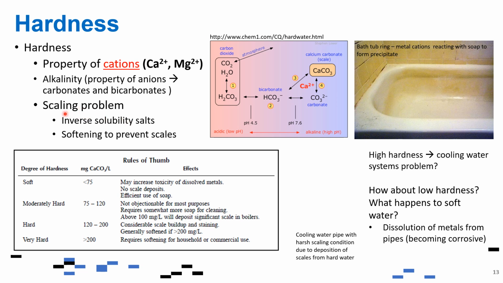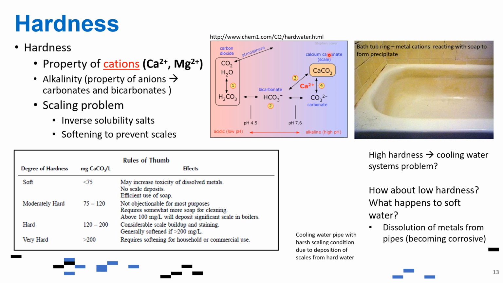For hard water, the presence of calcium in the water and the carbonate ions, which are usually inside the water, will react and form calcium carbonate, as shown here. The presence of bicarbonates and CO2 in the water with calcium will react and form calcium carbonate.